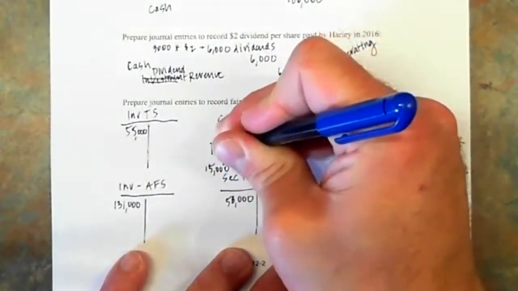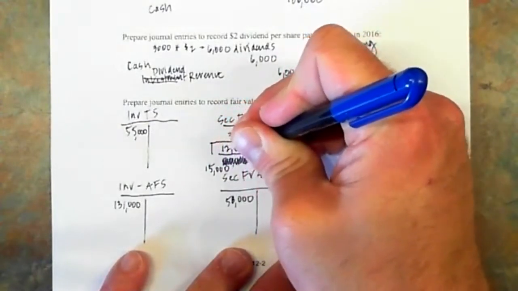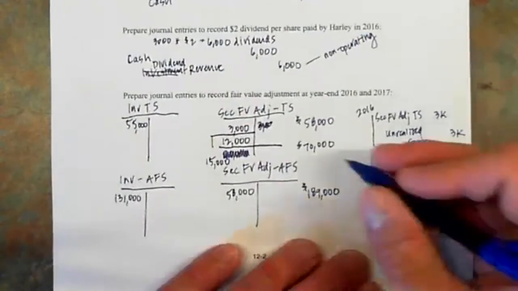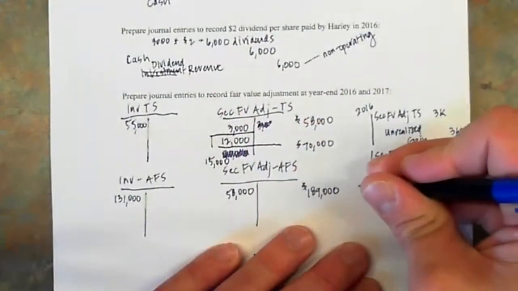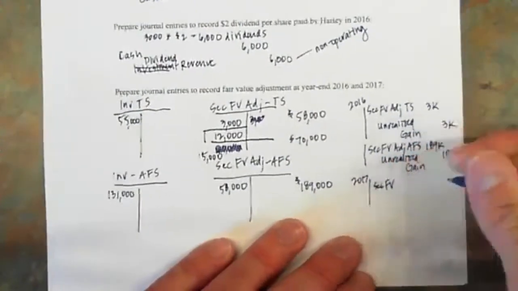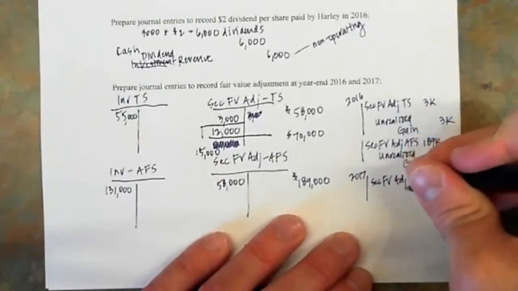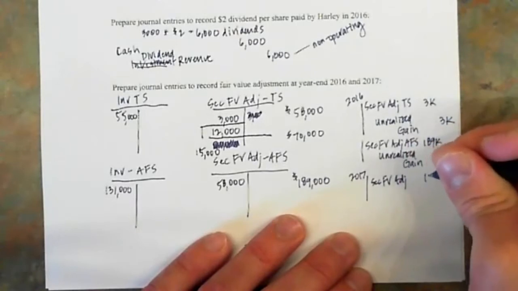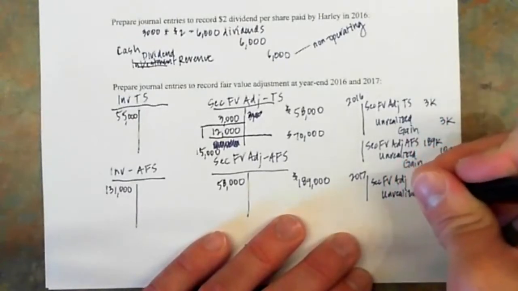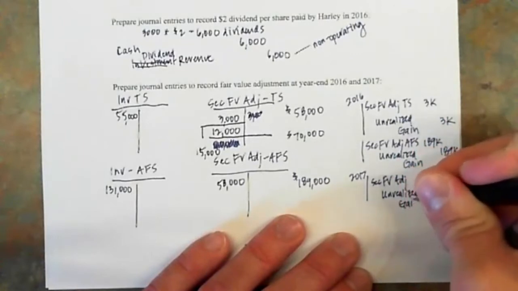That means that I need to adjust it by $12,000. That $12,000 adjustment gives me a 2017 entry, security fair value adjustment, and an unrealized gain of the same amount.